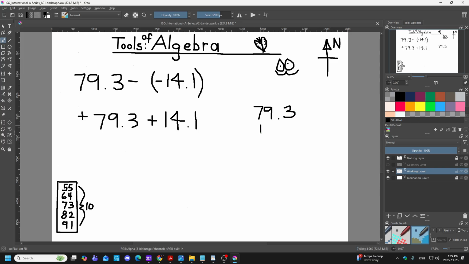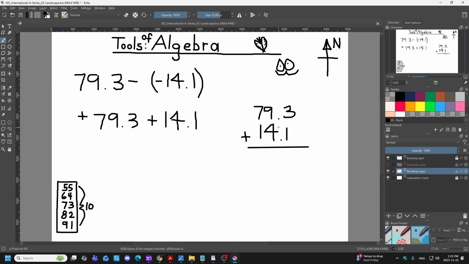Simple addition. Okay, when you're adding and subtracting decimals, all decimals, it doesn't matter if you're adding or subtracting, you must line up the decimals. You line them up. Line up the decimals.